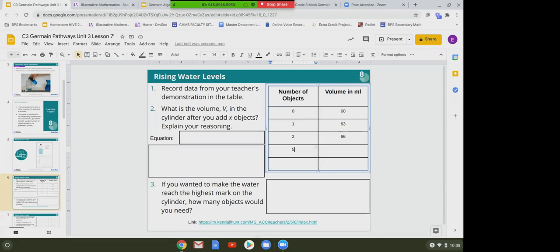I want us to do 5 here. How many milliliters would we have if we have 5 marbles in our container? Nice job, Jaden Ramos. Nice job, Courtney.